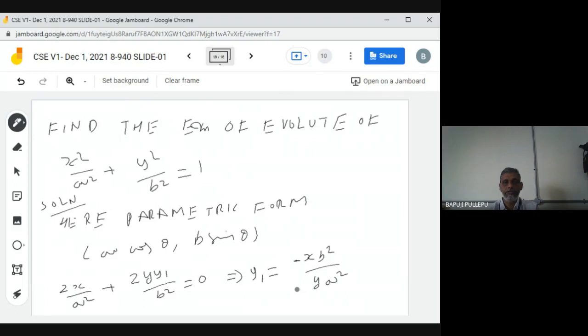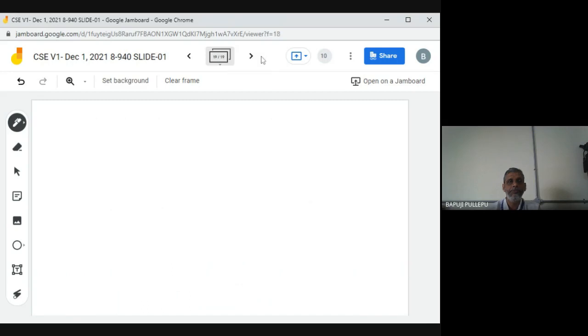Correct, sir? y1 is equal to minus x b squared by y a squared. Otherwise, dx by d theta, dy by d theta, you can do both, they are the same. That is better actually. You can do this problem in this way, it is better.